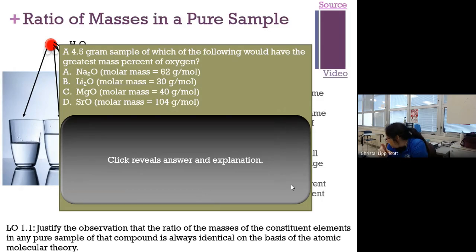Can you guys read this okay? Do you need to come closer? Kayden's going to give it a try.